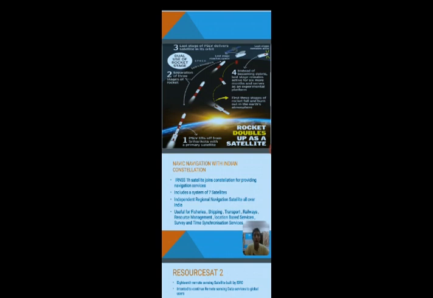So IRNSS, that is Indian Regional Navigation Satellite System, joins the constellations for several navigation systems. Basically it includes 7 satellites. It is an independent regional navigation system in which the satellites are spread all over space through the regional stations.